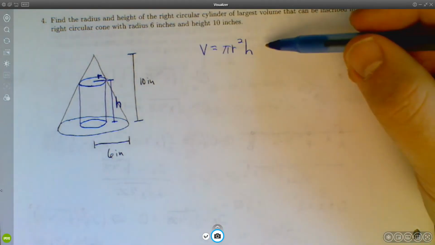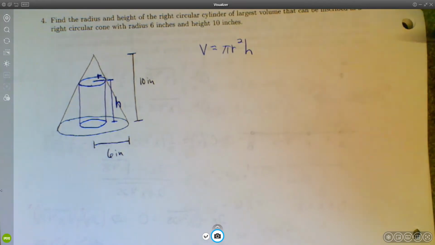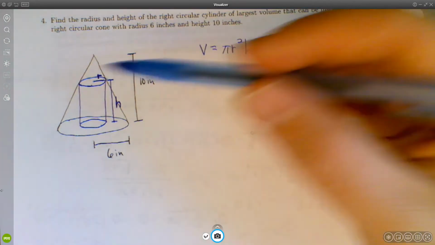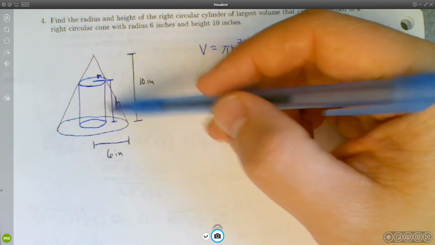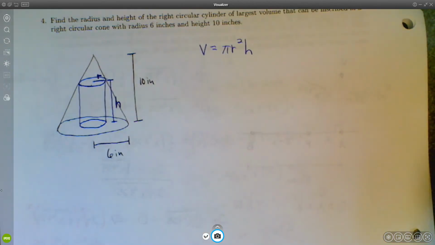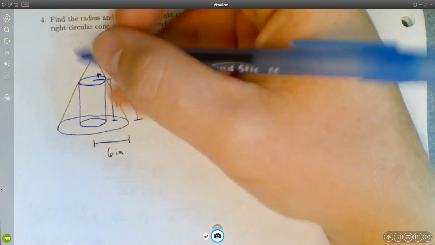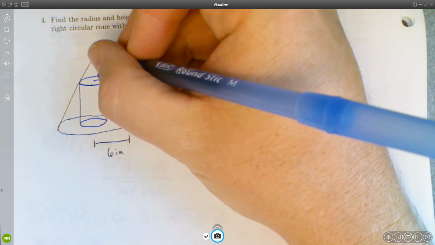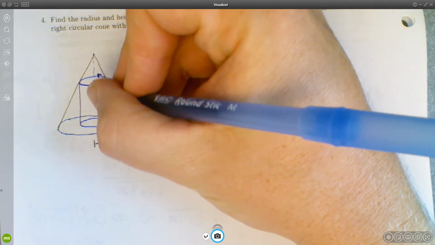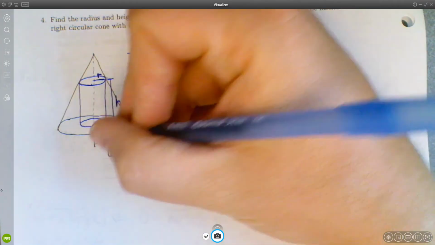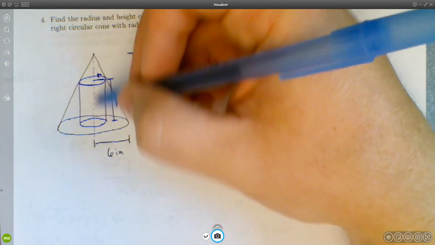Okay, I've got to try to rewrite this in terms of a single variable, and so that means that I need to find a way to relate h and r together. So here's what I'm going to do. So let's just imagine, right? So if you split this down the middle so that we're dealing with all the radii, you notice that you get right triangles, right?